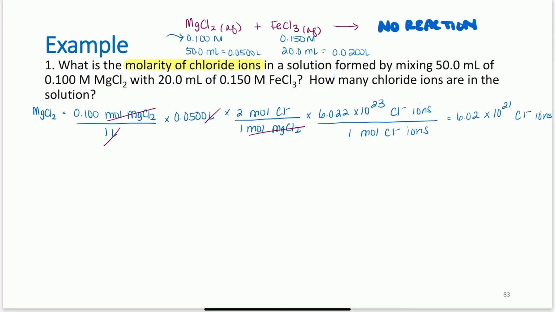I'm going to do the same thing with my iron 3 chloride. I've got a 0.150 molar solution, so 0.150 moles of iron 3 chloride per 1 liter of solution. And I have 20 milliliters of that, so 0.0200 liters. I've got 3 moles of chloride ions for every 1 mole of iron 3 chloride.